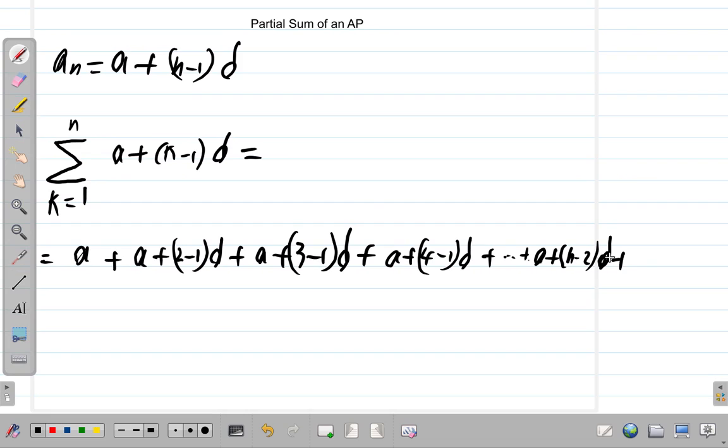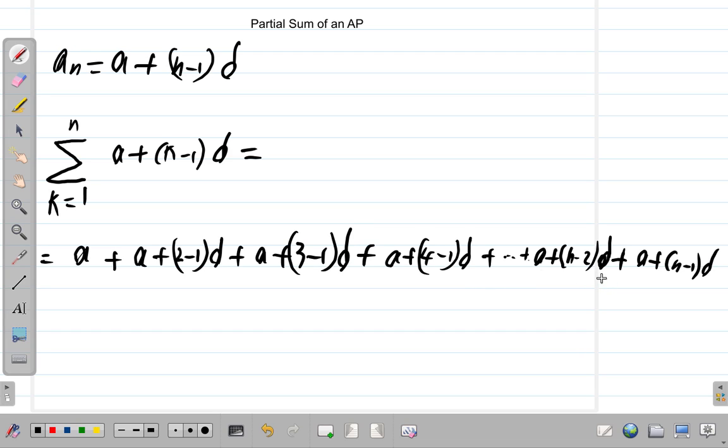Then the next term would be a plus n minus 1d. Alright? Now, these are all the terms that you are adding.